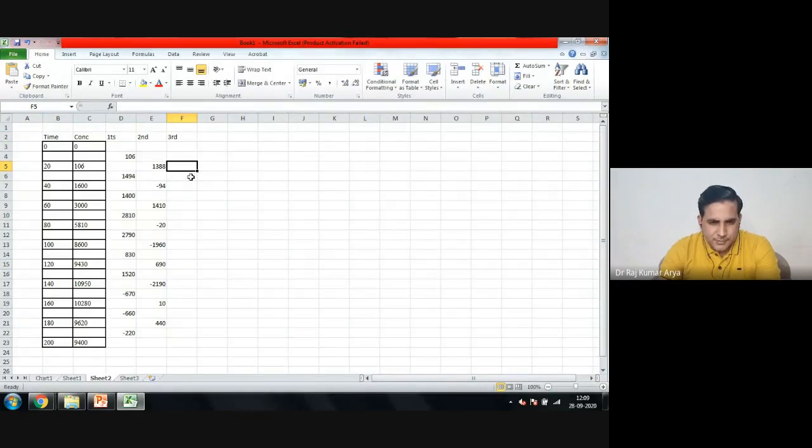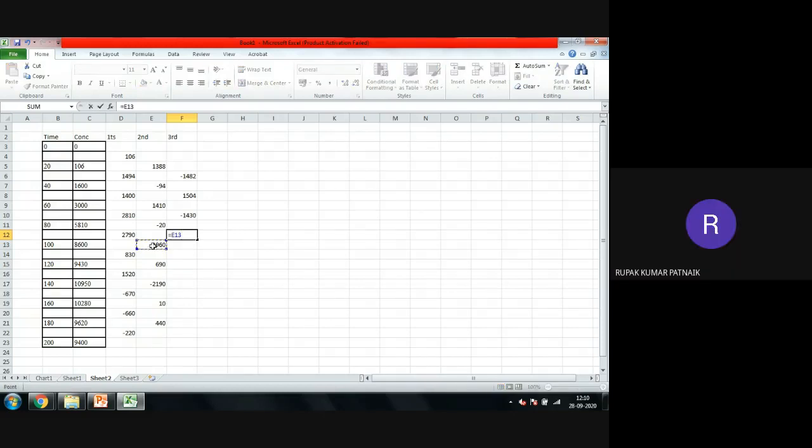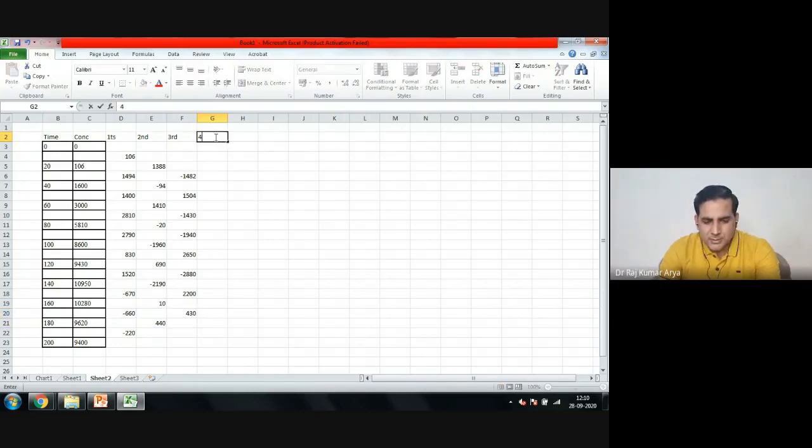Third would be this minus this one. Make it in this pattern only, it will help you. So you got the third difference, you can calculate your fourth difference.